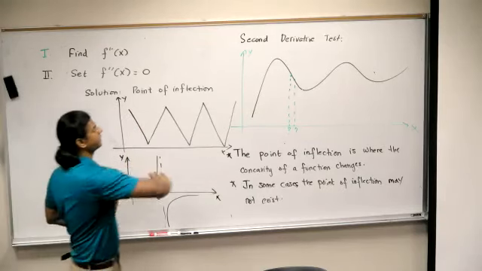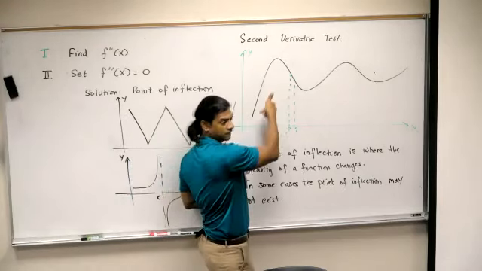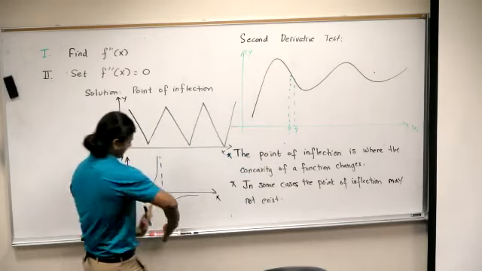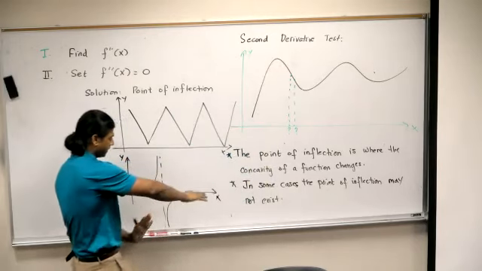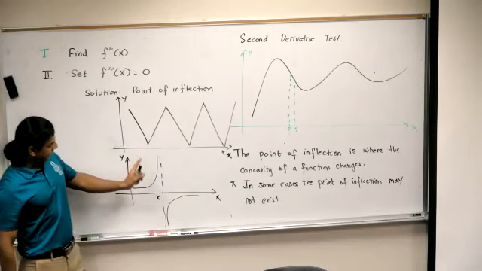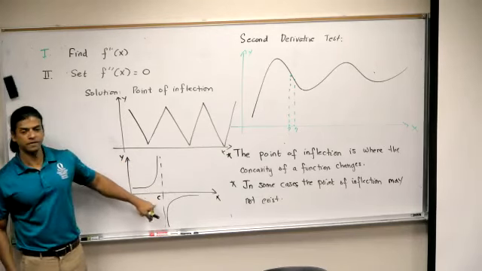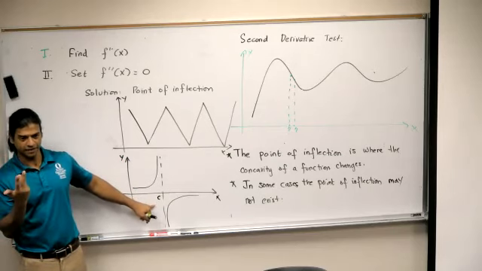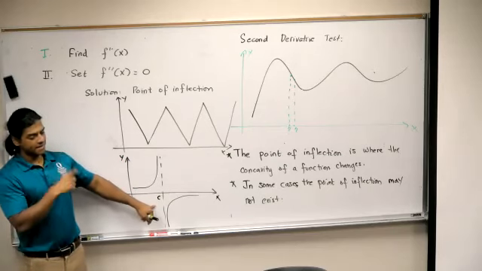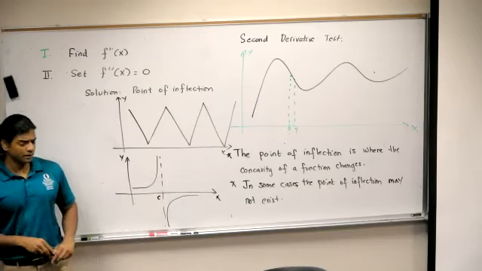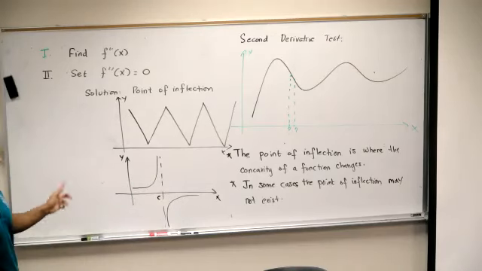It doesn't have to be a proper turn such as that. Even partially open is good enough. So clearly the concavity changed, but that is not a point where the derivative is going to exist. So that is a case where we have a point of inflection that will not exist.